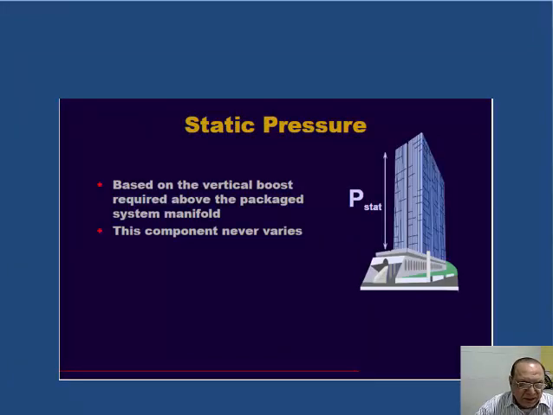When the static pressure, as we have said, is the total head required from the pump outlet to the height of highest discharge fixtures.